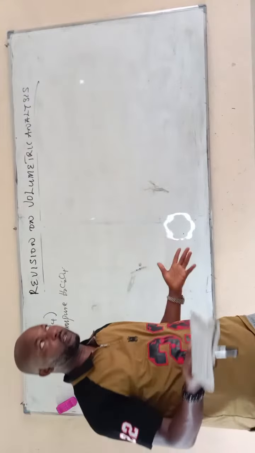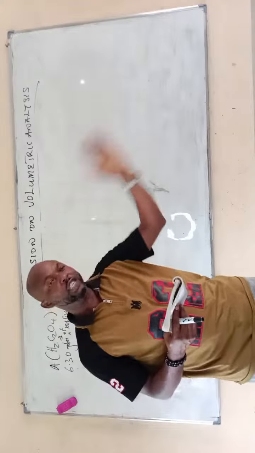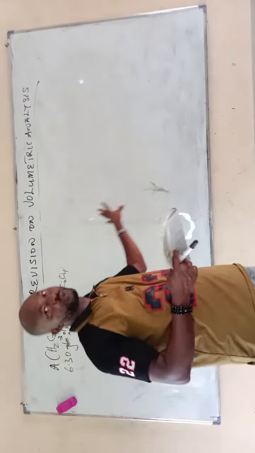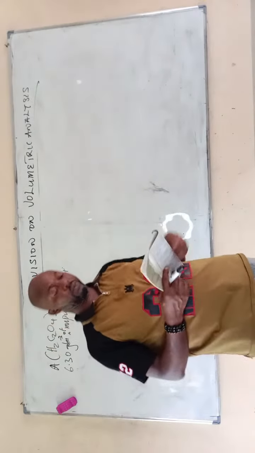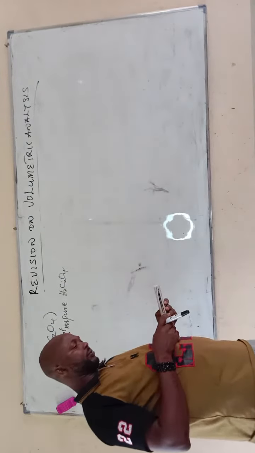You get your percentage impurity. Also we say percentage purity plus percentage impurity is equal to 100. So if you have your percentage purity, you can make the impurity the subject to get that of impurity. Don't forget those, they are very important.